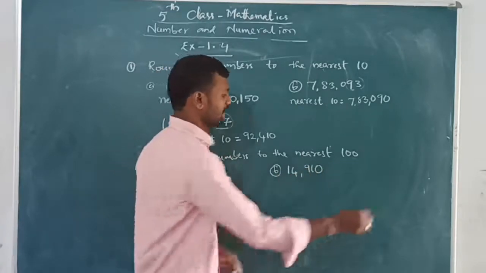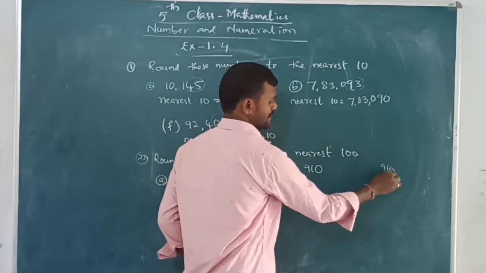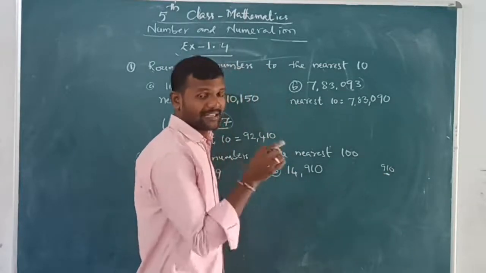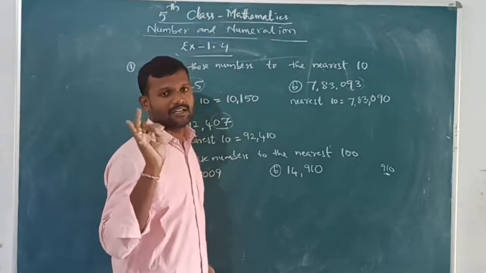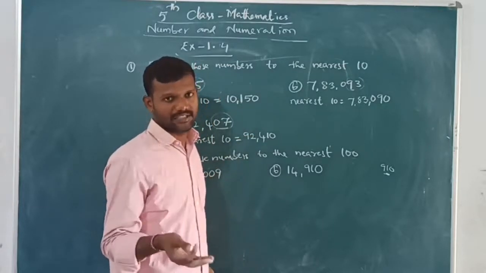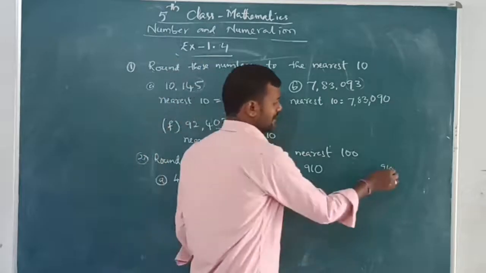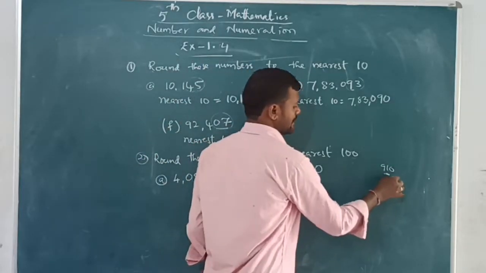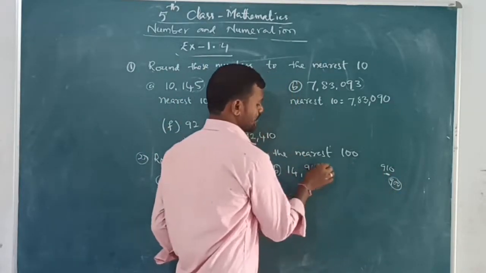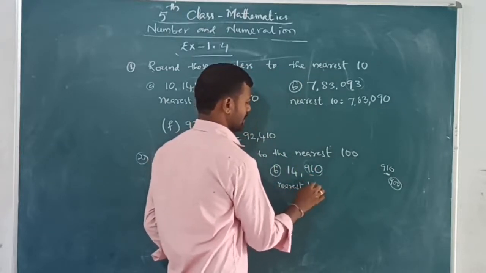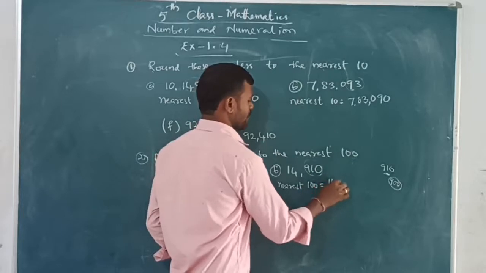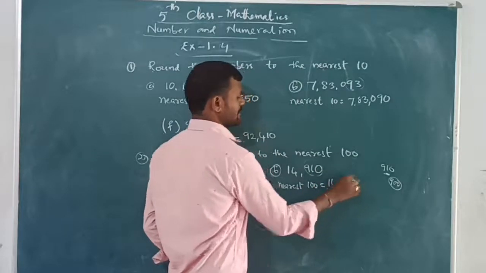So 910. That is in hundreds place. 910. So 910 is closer to which 100? 100 means what? 100, 200, 300, 400. Those are there. So 910 is closer to which number? 900 only. So in this place, what you have to write? Nearest 100 is equals to 14,900. That is the nearest 100.